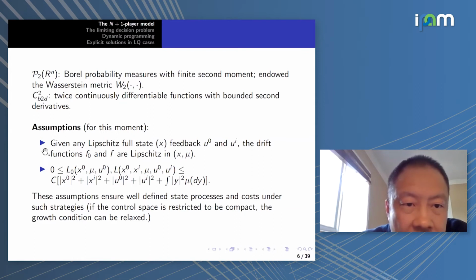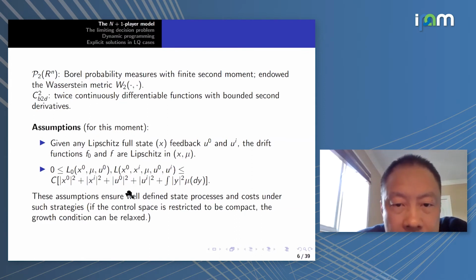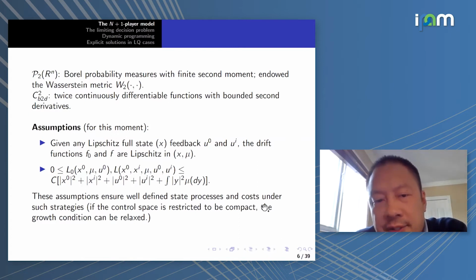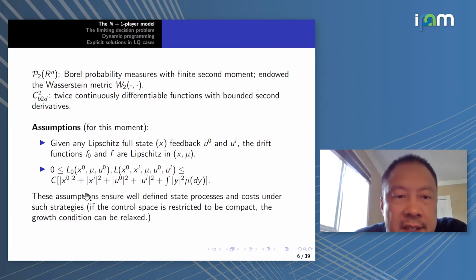We also have some assumptions for this major-minor player model. The objective here is to ensure we have well-defined state processes and the costs under such strategies.